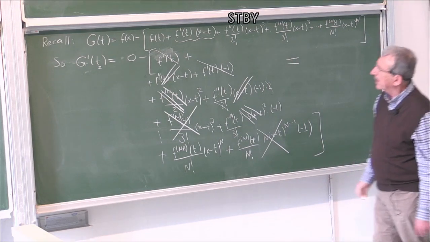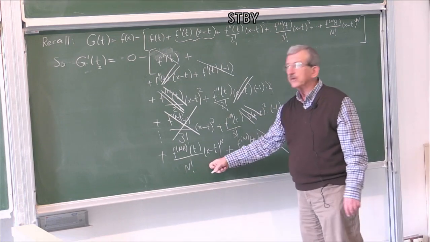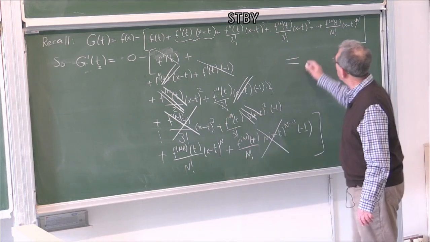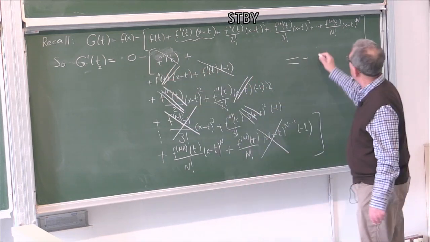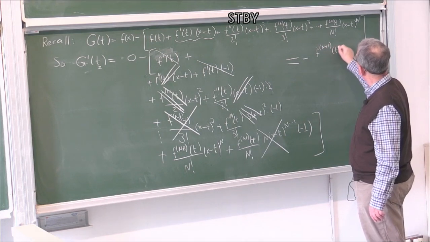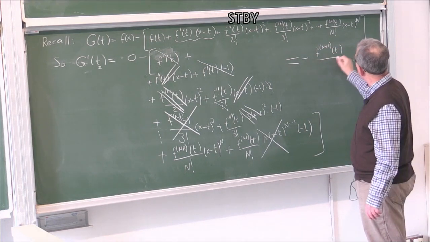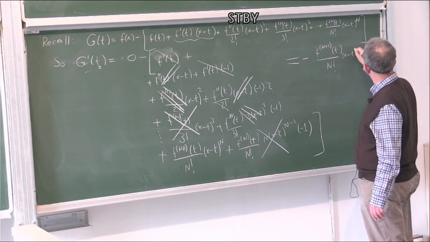Everything cancels with everything else. Only this term remains. So we have the negative, because of this minus 1, f n plus 1 t over n factorial times (x minus t) to the n.